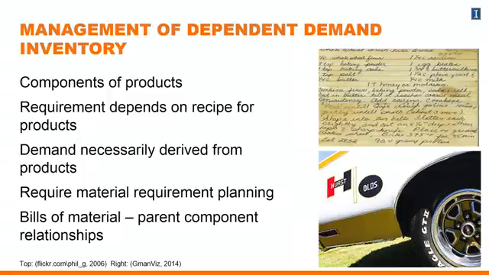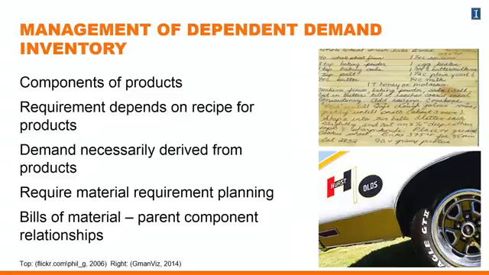It tells you how many eggs are needed, how much salt is needed, how much flour is needed, how much water is needed. So it's going to be determined by the demand for that finished product. That's going to tell you how much of the dependent demand inventory you need to take care of.